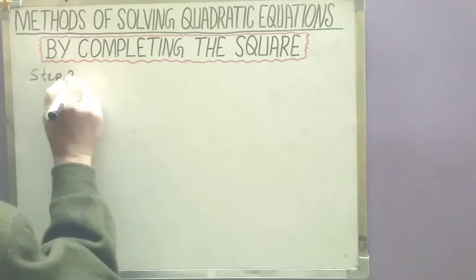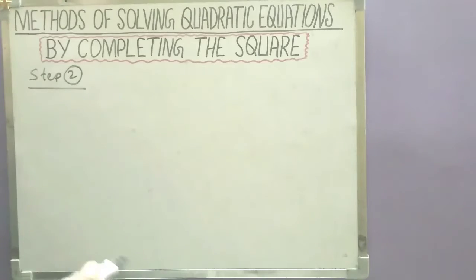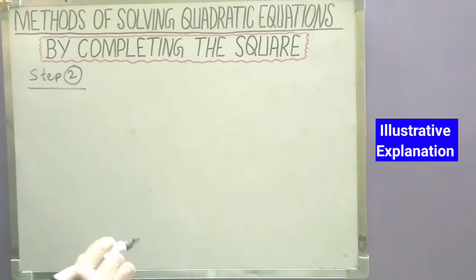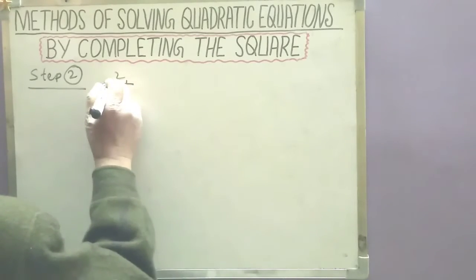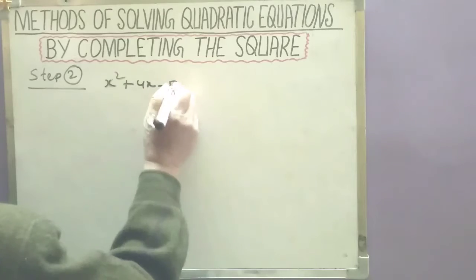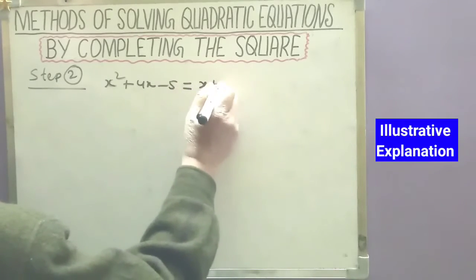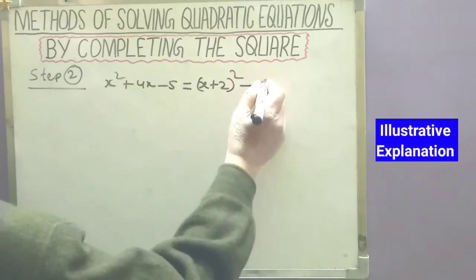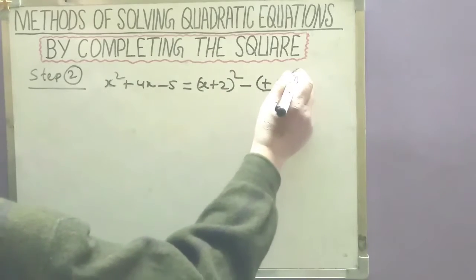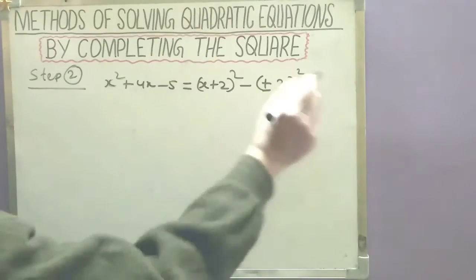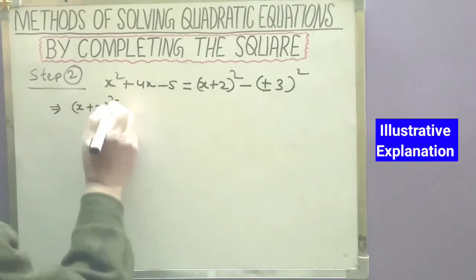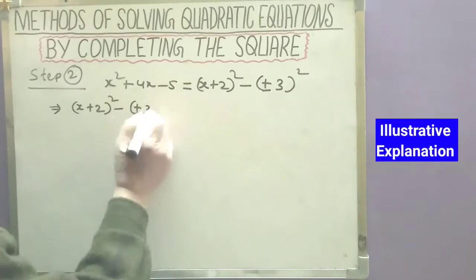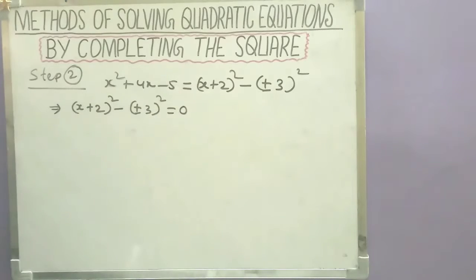Step 2. Equate the square form so formed to 0 and solve the quadratic equation to find the values of x, that is roots. We have x square plus 4x minus 5 equal to whole square of x plus 2 minus whole square of plus minus 3. That implies that whole square of x plus 2 minus whole square of plus minus 3 equal to 0.